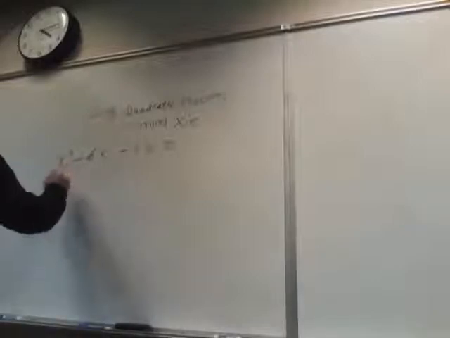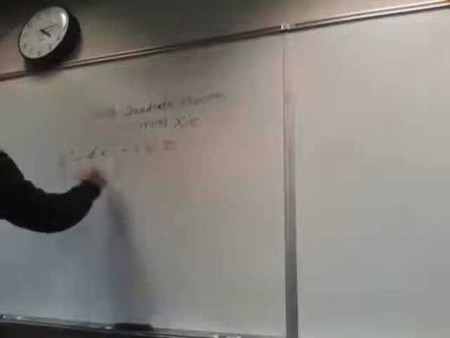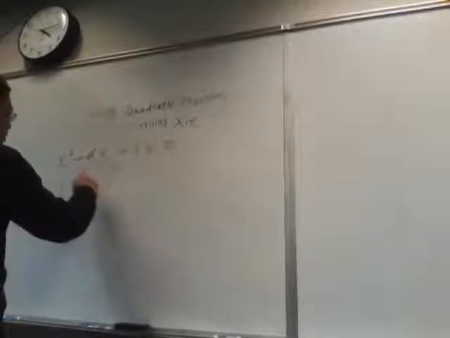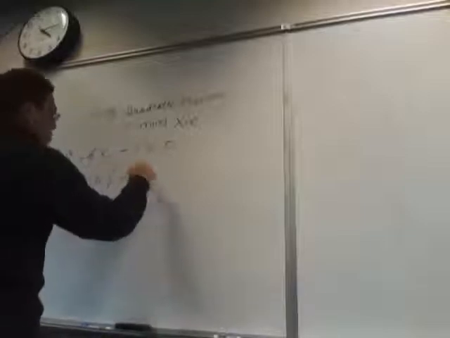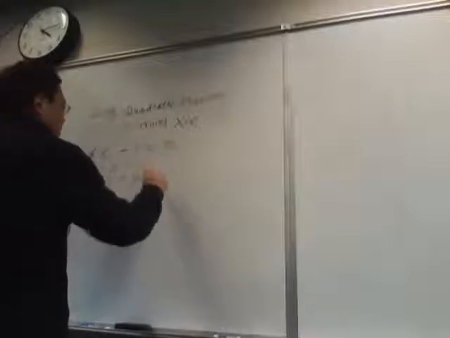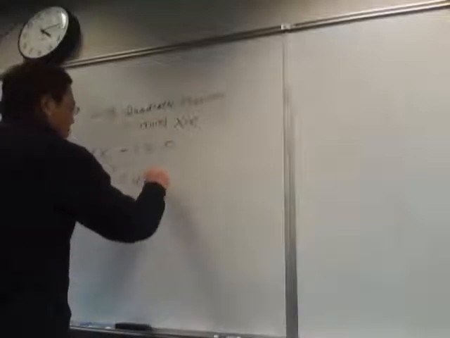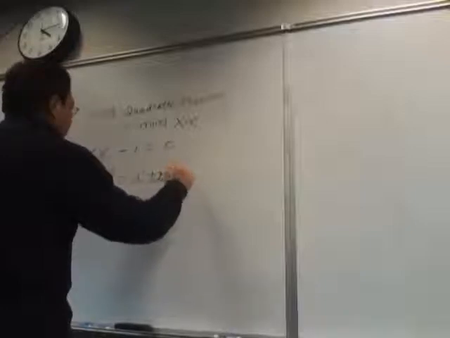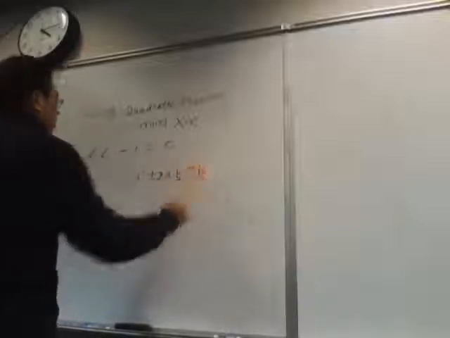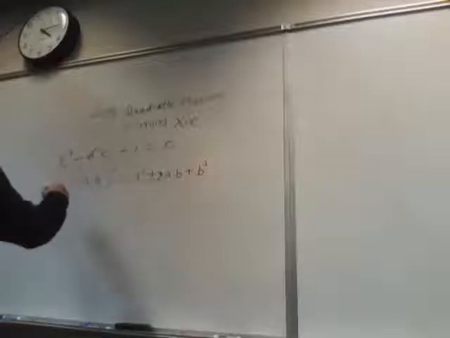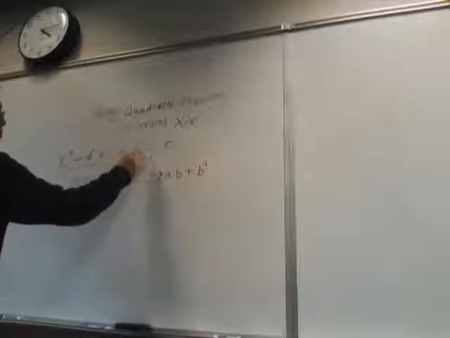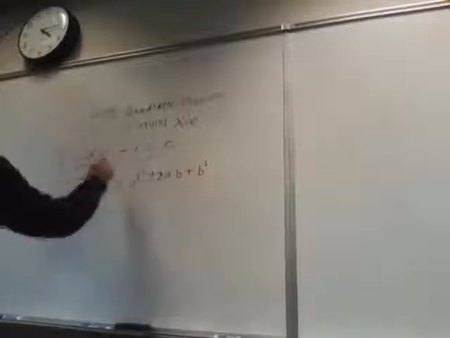We know there's a formula here: a plus or minus b, perfect square, equals a squared plus or minus 2 times a times b plus b squared, right? So how do you do that? If we use this formula, we can change this form here, because it's not factorable normally here, right?